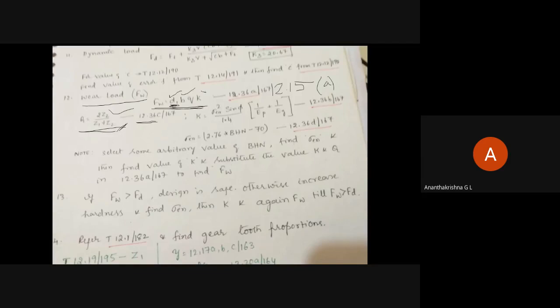Now my job is to find out the value of K. So how do I find the value of K? By again small iteration, by taking endurance strength of the material, that is fatigue. This fatigue we have learnt in our DME 1. To find the value of K, I need the value of endurance strength, sigma endurance.